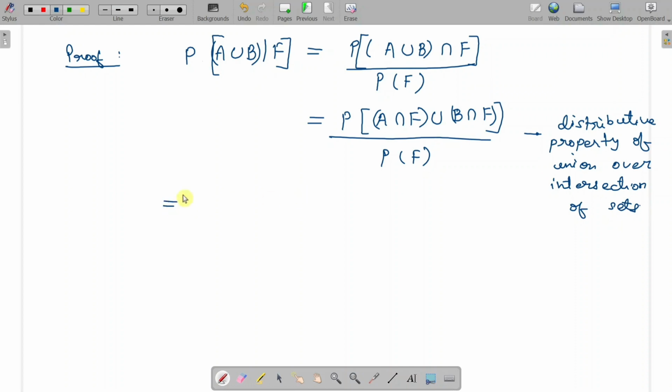Okay, then this will be equal to, now we can use the set formula here, the set formula for probability.